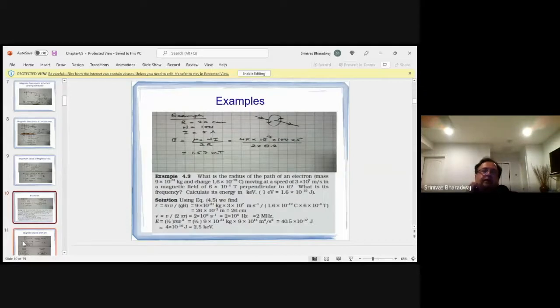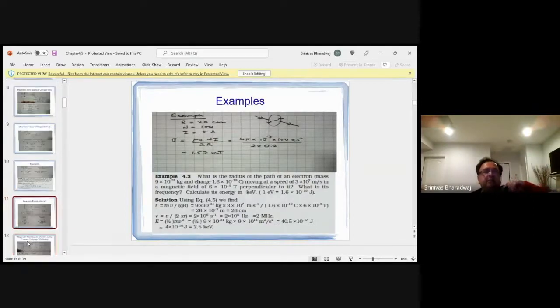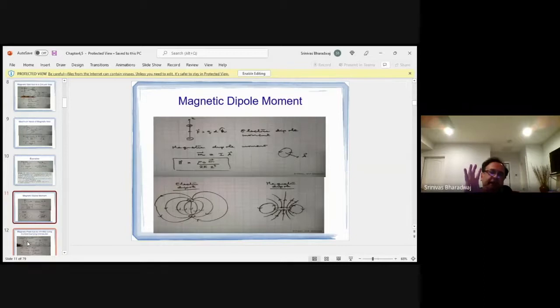Okay, so what is the moral of the story? Moral of the story is you have to understand q times v cross B. You have to understand directions. You have to understand how these things happen, right? In magnetostatics, you must first understand what is going on, or what all these laws are.